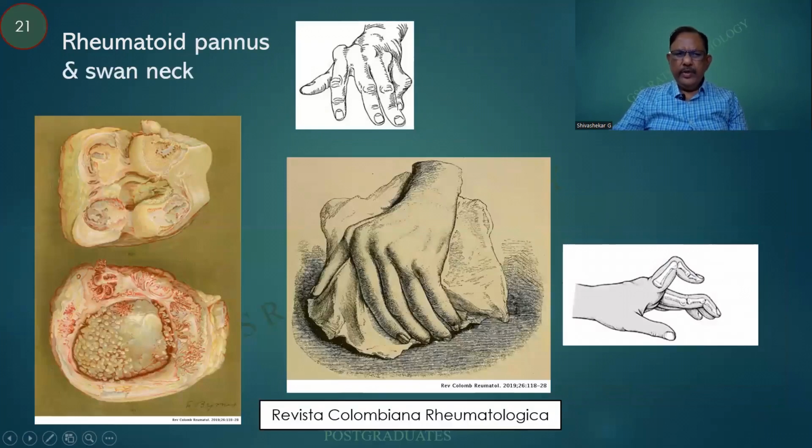The classical picture of rheumatoid arthritis, very wonderfully compiled and presented by this journal. I would like you to kindly go through such ones. But what is important is, look at the very coarse surface over here. And you can imagine the trauma that it is going to cause, causing a crippling of the hands or any of the joints.